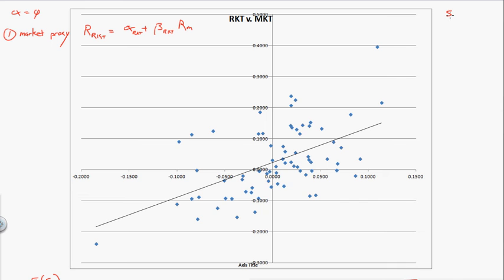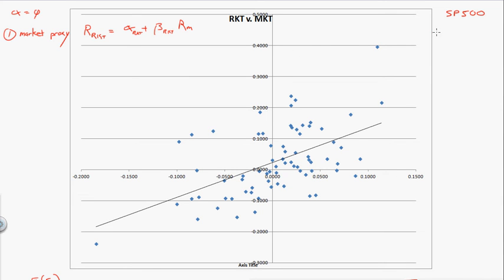Typically people would choose the S&P 500, but that's only 500 stocks. I could choose the Wilshire 5000, or any number of different indices, the Dow Jones, the NASDAQ, whatever index I could think of.